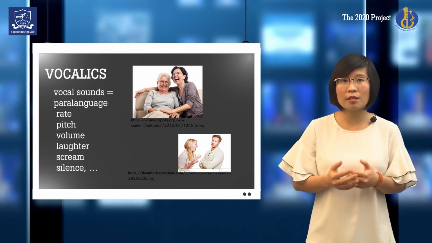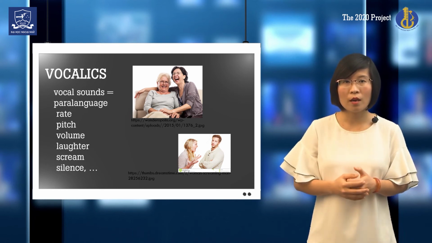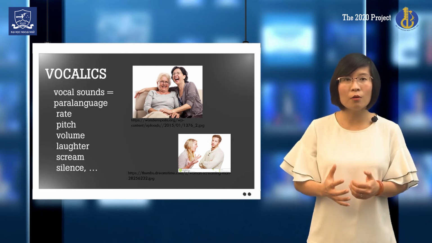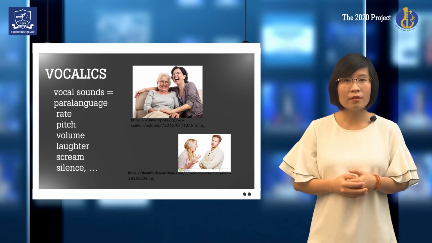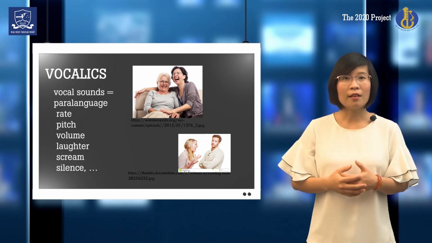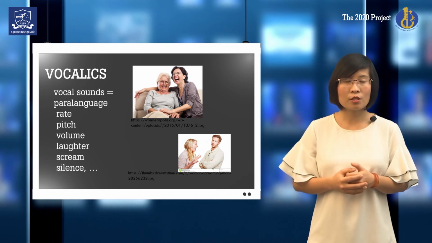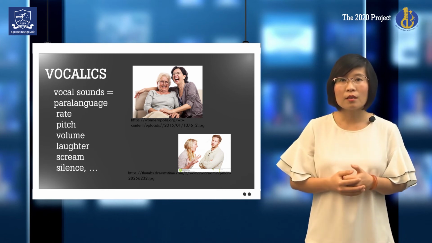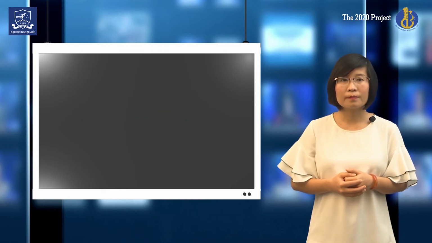Paralanguage includes such aspects as rate of talking, such as fast or slow, pitch, such as high or low, volume, such as loud to soft, laughter, scream, and even silence. People may use silence to show respect, agreement, or disagreement, embarrassment, sadness, repressed anger, and so on.